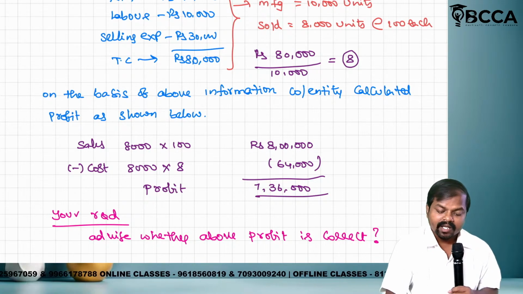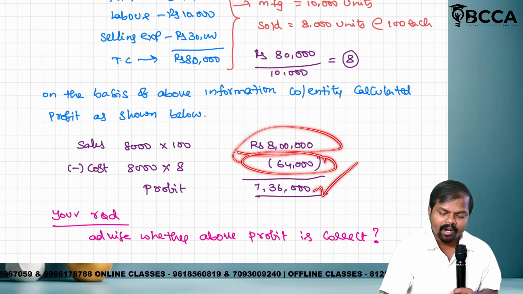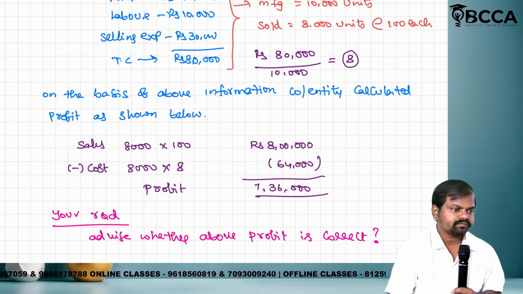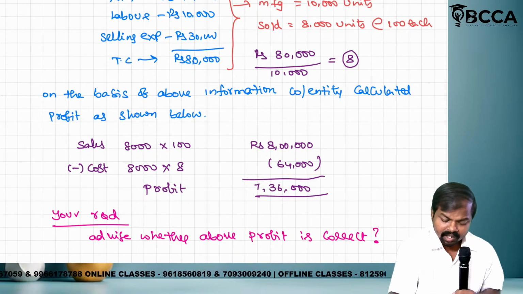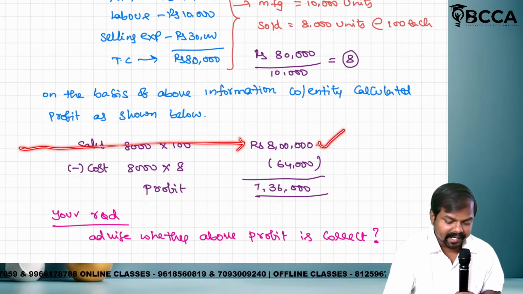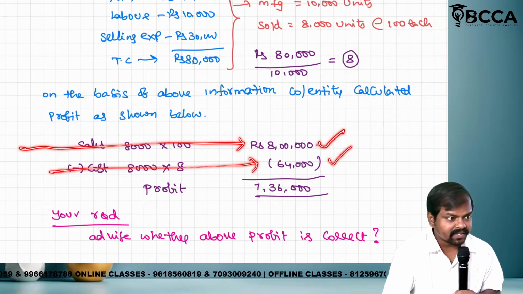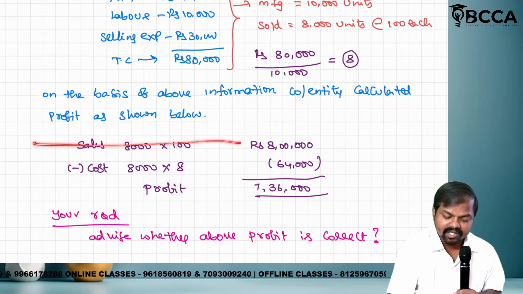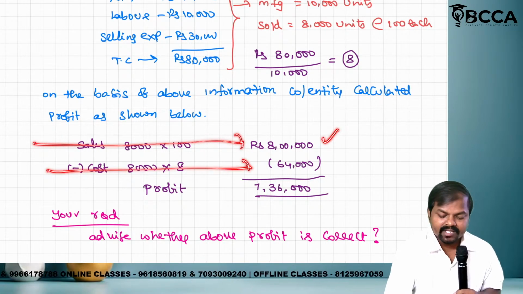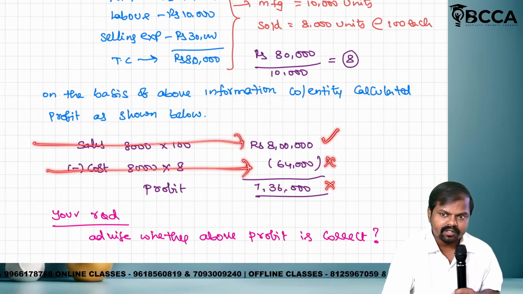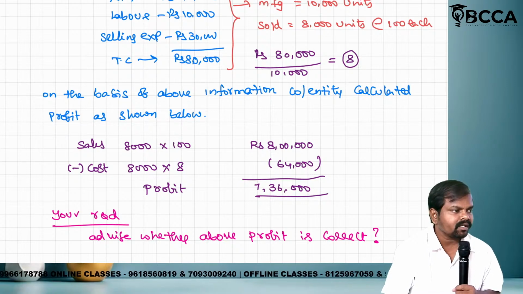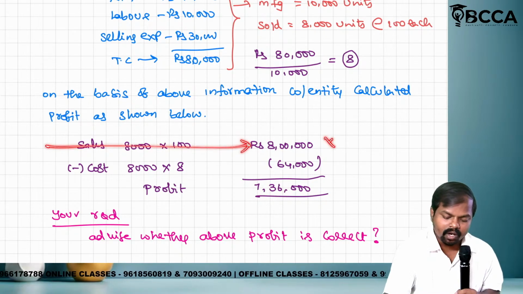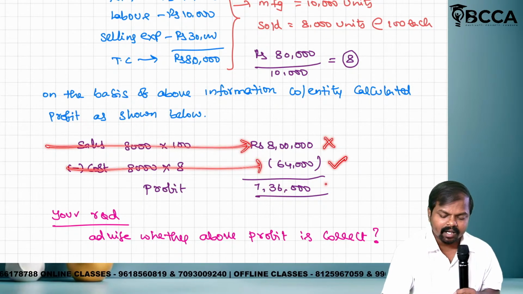If this value and this value are correct, obviously this value is correct. If this value is correct, then obviously 7,36,000 is correct. If this value is wrong, obviously it is also wrong.